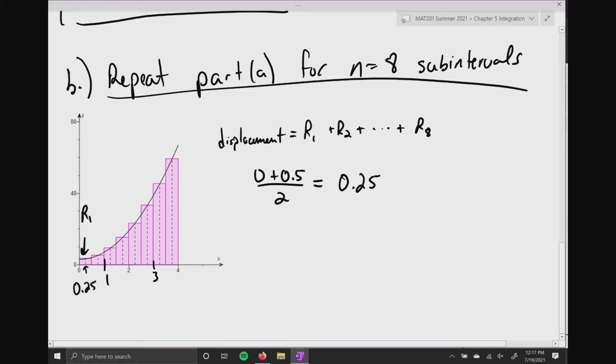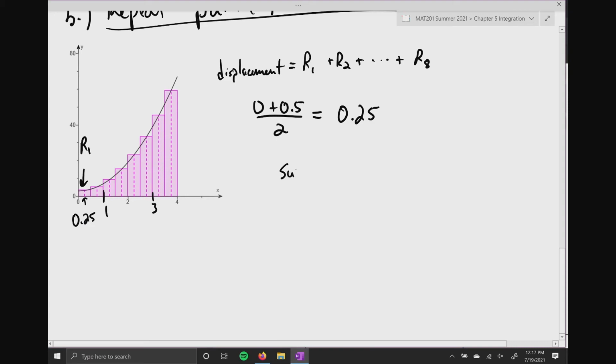To find all the other midpoints, I've got to be honest with you, it's sometimes a lot easier, once you find the first, to create a table and figure all the other ones out. So what I'm going to do here is write subinterval and the midpoint, okay?